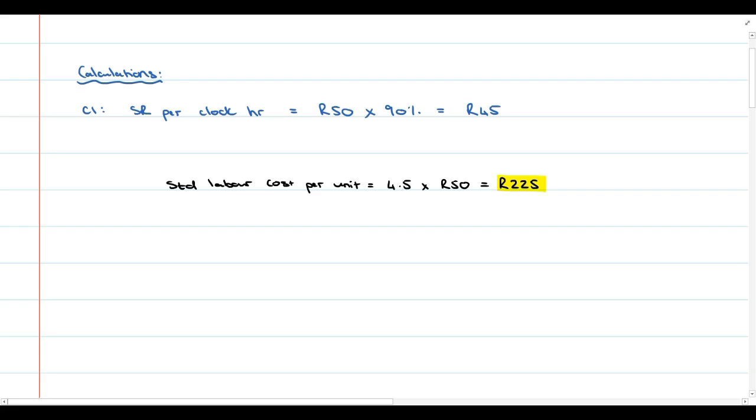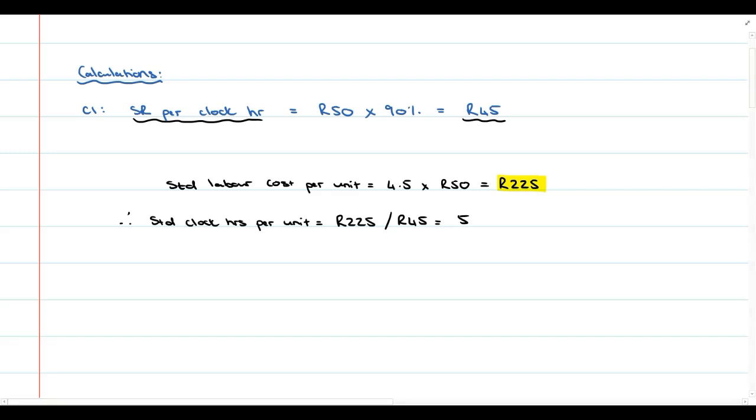So that means if we want to calculate the standard clock hours per unit, we know that the standard cost per unit for labor is 225 Rand, and we know that the standard rate per clock hour is 45 Rand. So that's going to give us an answer of 5 clock hours per unit.